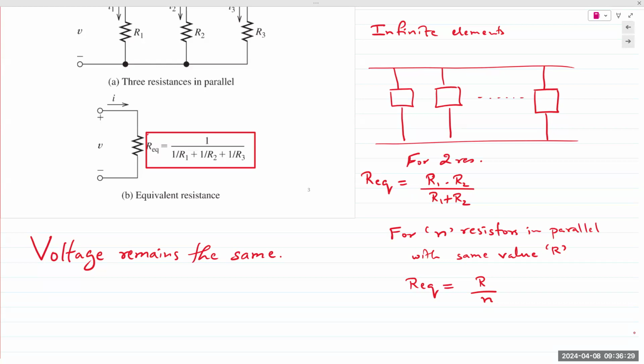Take 10 ohm resistors, 2 resistors in parallel, it'd be 10 divided by 2. 1 over 10 plus 1 over 10, 0.1 plus 0.1, 0.2. Reciprocal of 0.2 is 5. 10 10 ohm resistors in parallel, there will simply be 10 divided by 10. So a couple of shortcuts.